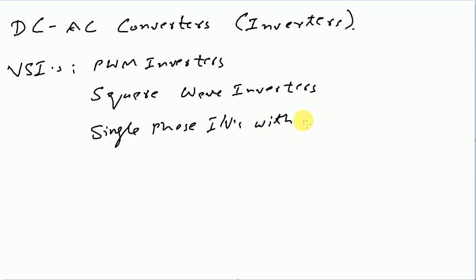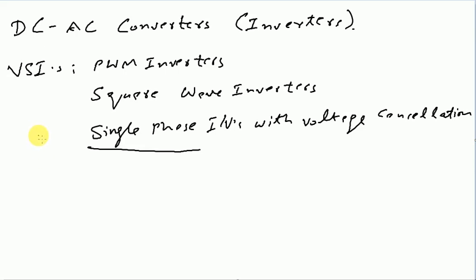With voltage cancellation. We had described the differences among these three types, and in fact this has this prefix of single phase inverter with voltage cancellation, because this type is only possible in VSIs in the case of single phase inverters.